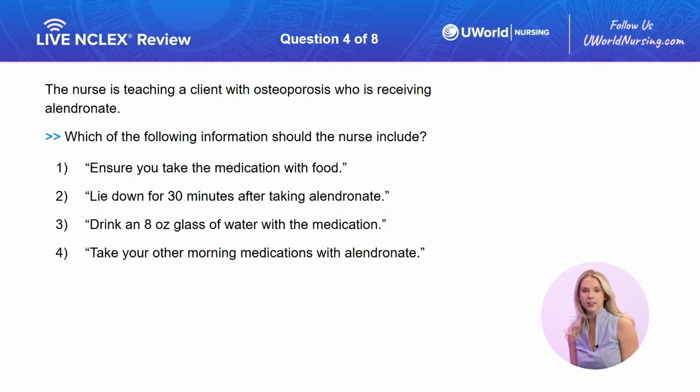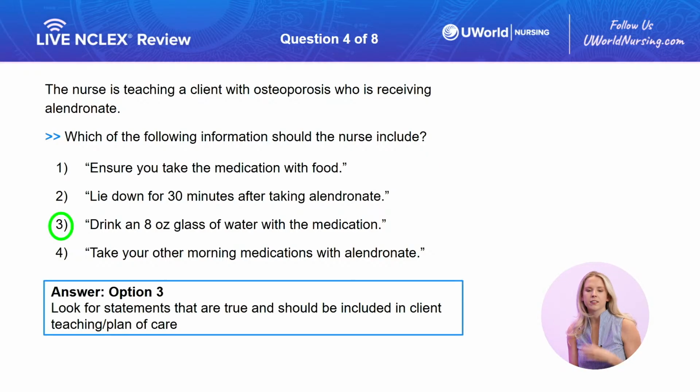All right, and I see almost all on option 3. You guys are absolutely doing phenomenal today. Totally right. In this case, alendronate is a bisphosphonate medication that's commonly used to treat osteoporosis and decrease the risk of osteoporosis-related bone fractures. That's a mouthful. Bisphosphonates work to inhibit osteoclasts, which are cells that cause bone breakdown, which allows bone building to occur more quickly.